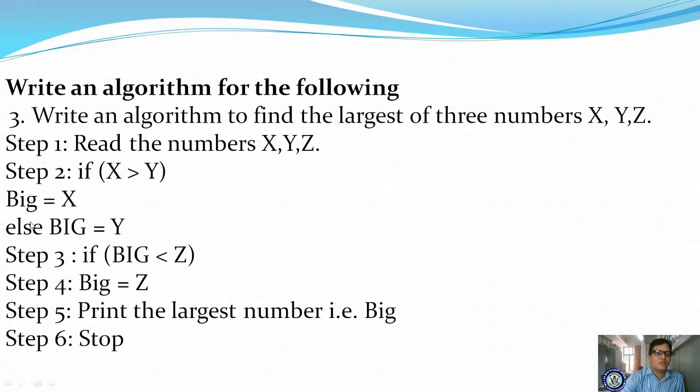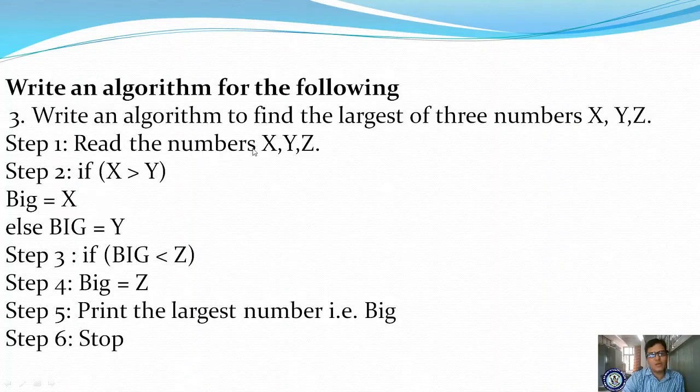Okay, in step 3 once again I am comparing big less than z. So here we have compared two variables. Else, big will come here, and once again we have to compare one more if: big less than z. Now which one am I treating here? Either x or y.